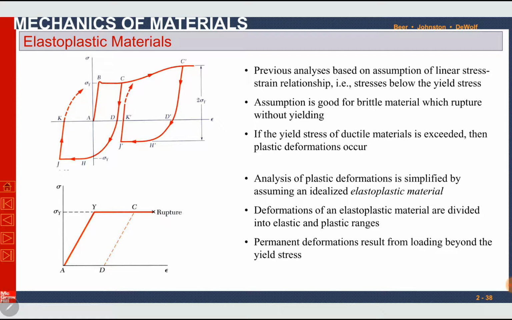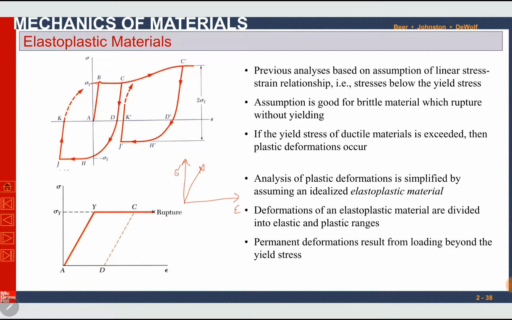In brittle materials generally there is no yield stress. The brittle materials fail like this. They directly fail due to rupture, due to ultimate stress. But in ductile materials, after yield stress, there is a permanent deformation.